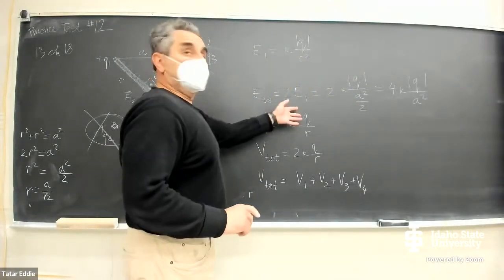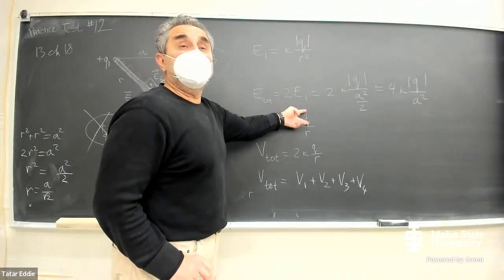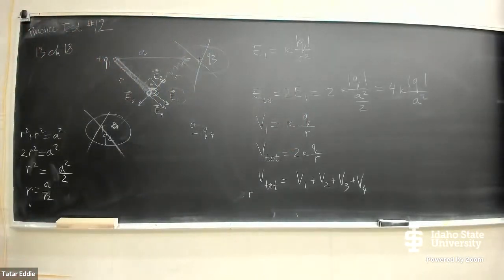And each of the voltages you calculate by this formula, keeping the algebraic sign of the charge. The voltages are easy because there is no direction, they just add up as numbers. The electric fields, you have to pay attention to the direction because you don't add vectors just by adding their magnitudes.